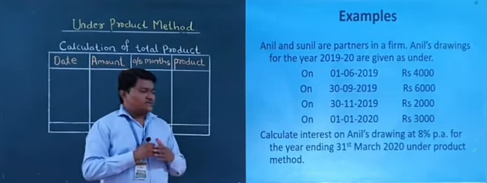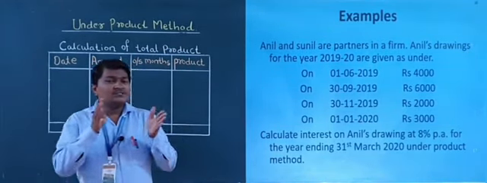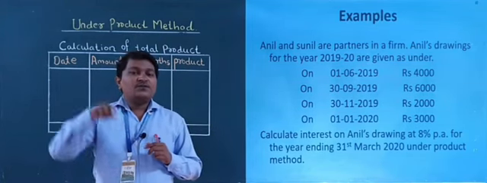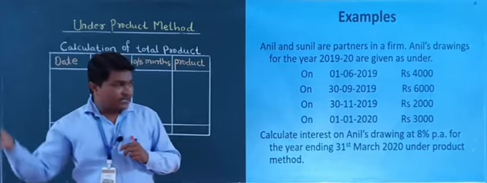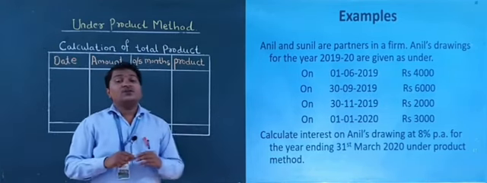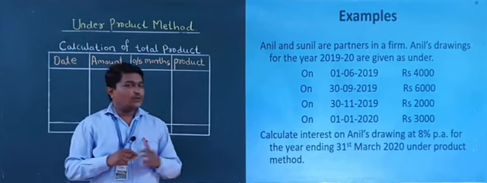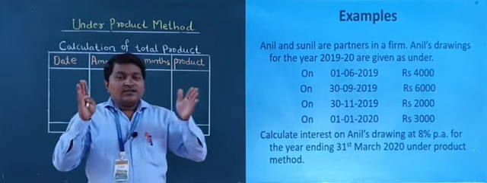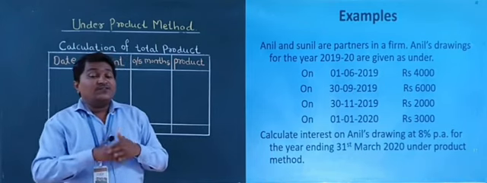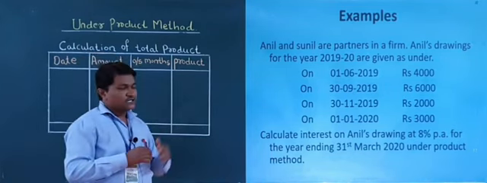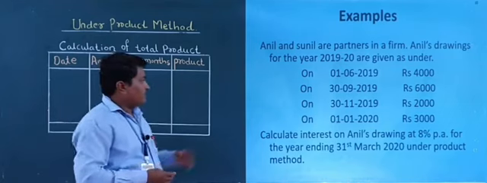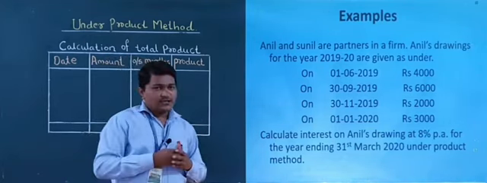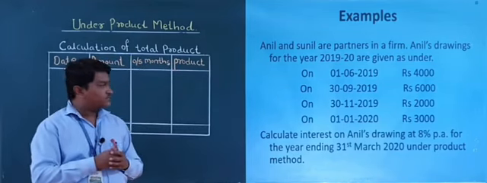2019-20 means the financial year which starts on 1st April 2019 and ends on 31st March 2020. During this financial year, he withdrew different amounts on various dates. On 1st June 2019, he withdrew rupees 4,000.